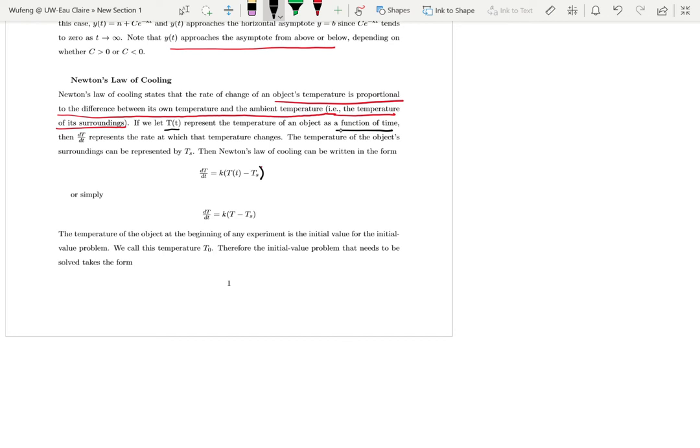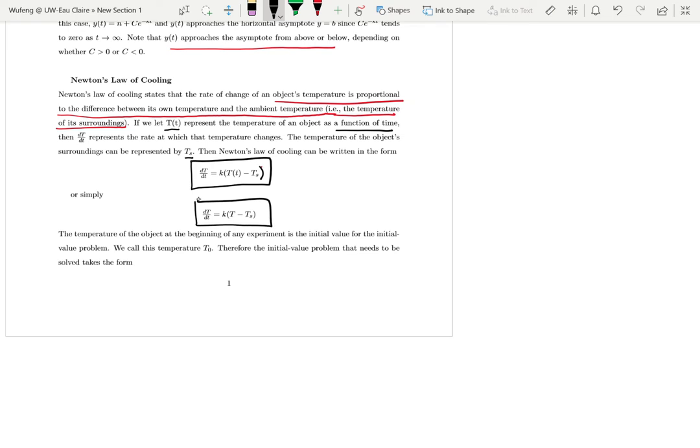Then dT over dt represents the rate at which the temperature changes over time. The temperature of the object's surroundings can be represented as Ts, the surrounding temperature. Newton's law of cooling can be written as dT over dt equals k times T of t minus Ts. So we'll simply write it this way.